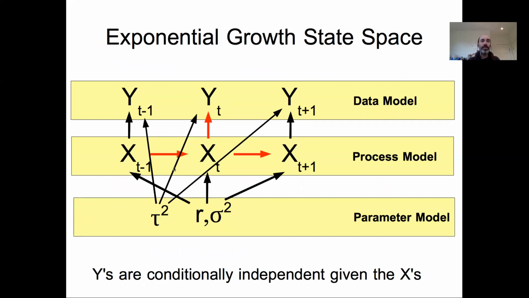So the graphical version of this looks very similar to what it did for the random walk model, with the addition that we now have a parameter R in addition to the parameter sigma as part of our process model.